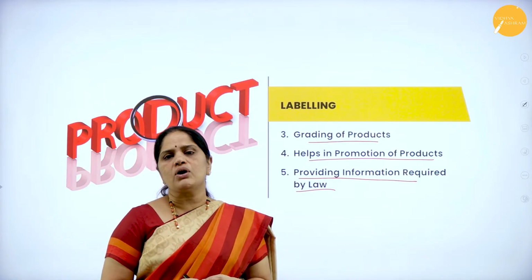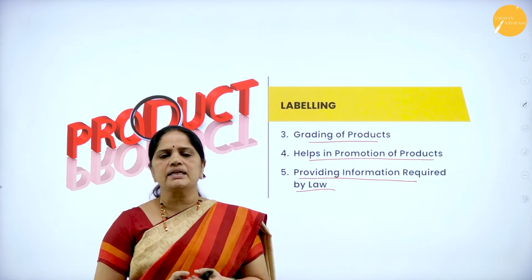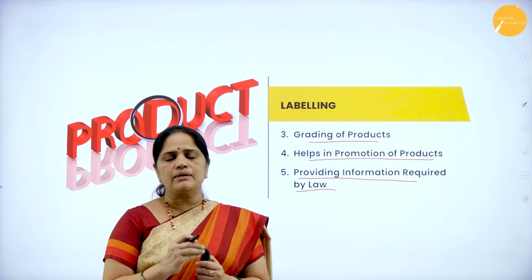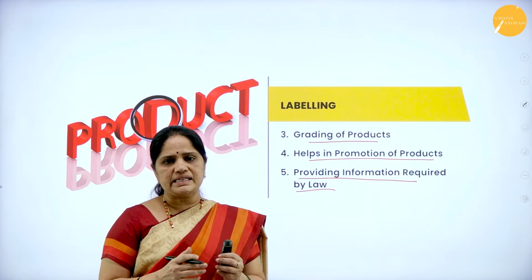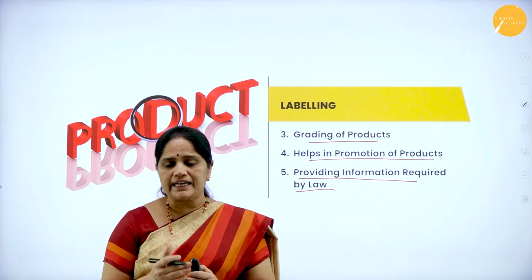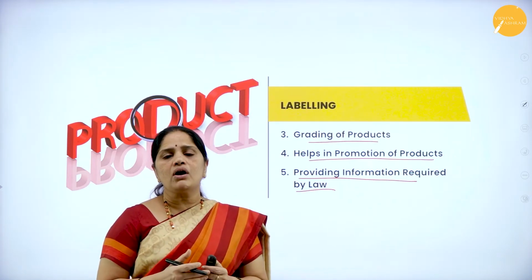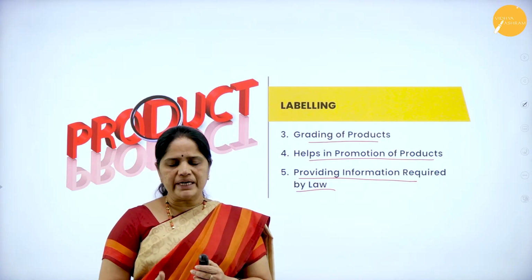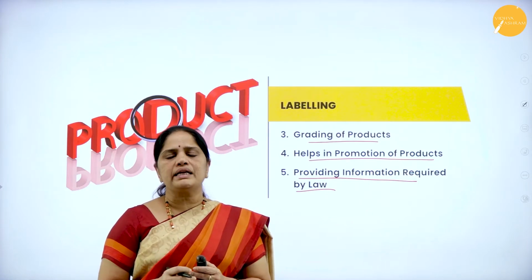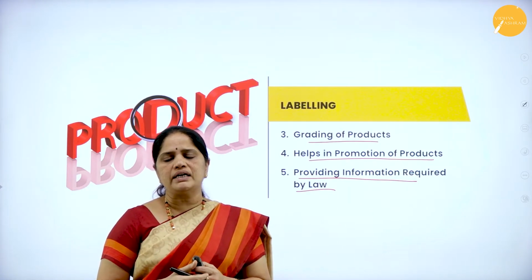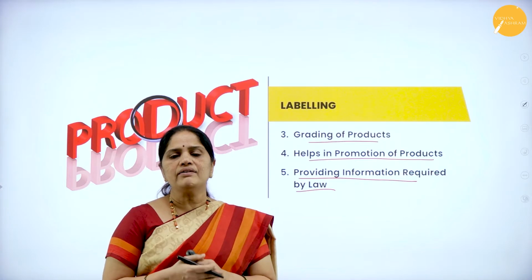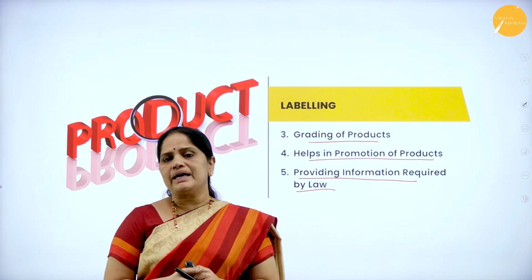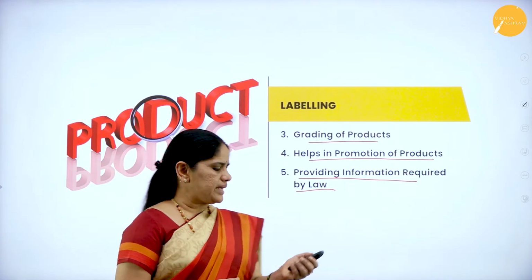In addition to all this, the government has made it mandatory that the preservatives used in the product have to be very safe and of a very high standard quality. All these things are regulated by the government, and they have to be taken care of whenever we label the product. When we label the product, we have to see that we abide by the regulations of the government.